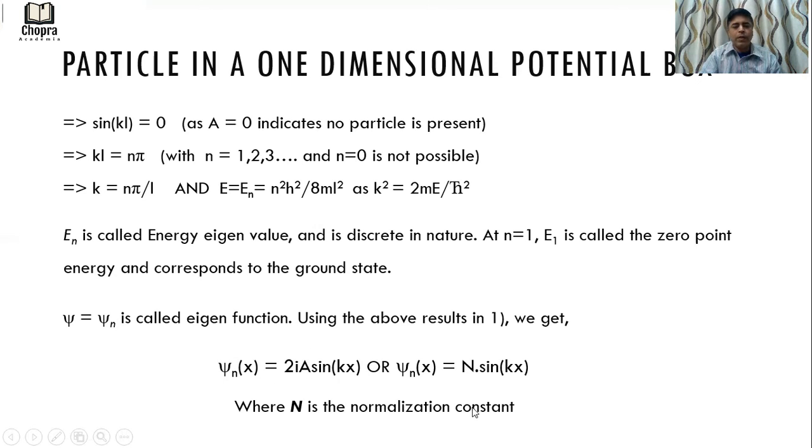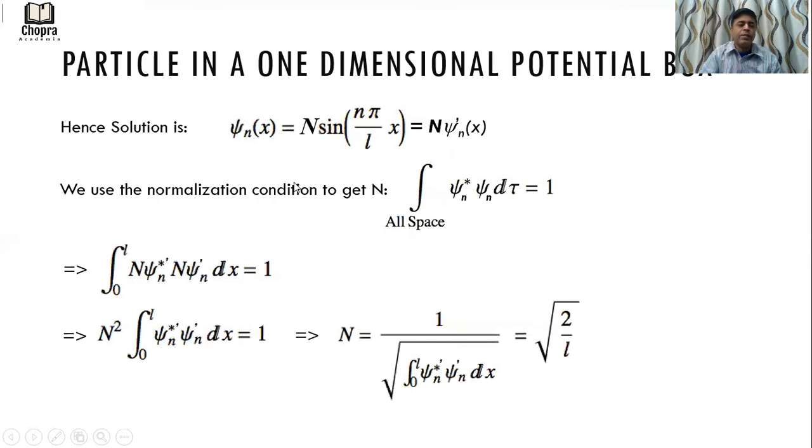So let me assume this to be some normalization constant n, and let me substitute k is equal to n pi by l. So I have my final eigen wave function to be n sine n pi x by l. Let me denote this sine of n pi x by l as psi n dash, so I am writing it as n psi n dash x.